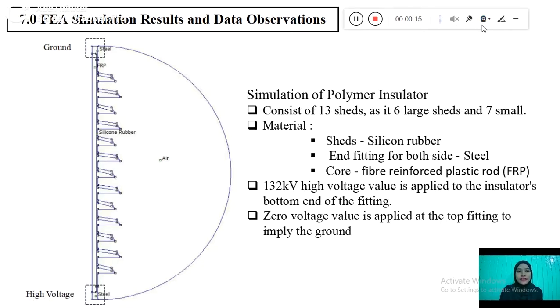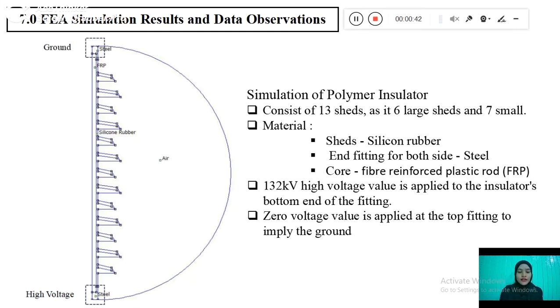Okay, next I will explain the FEA simulation result and data observation. This is our prototype that was designed using FEMM software, an electrostatic problem. This is a polymer insulator. This insulator consists of sheds and fittings on both sides and the core.